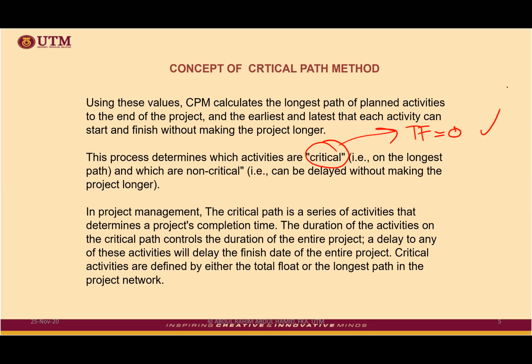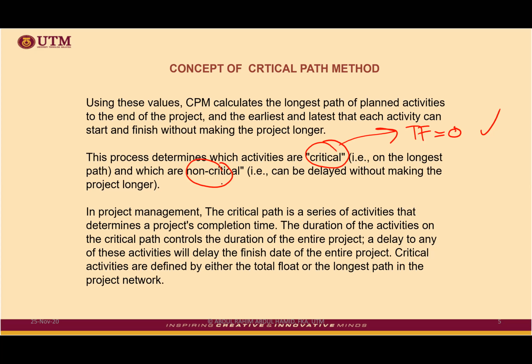Critical path is basically the longest duration within available path, okay, in that network diagram. And it could be more than one. It is not singular. It is multiple critical path. But in our example, because we only show not many activities, normally the critical path shown is only one. But in reality, it could be more than one. Okay.